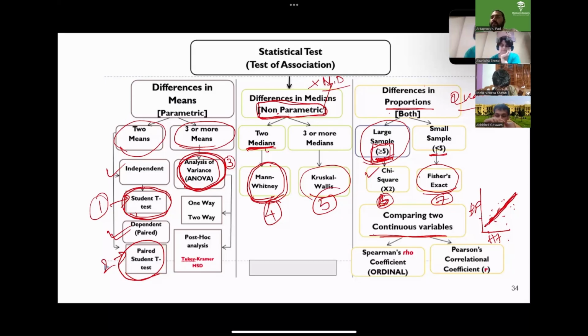That is the correlation. We do a Spearman correlation test in case of non-parametric, and in parametric we do Pearson. These are the 2 forms. Please remember, non-parametric, parametric. Done.